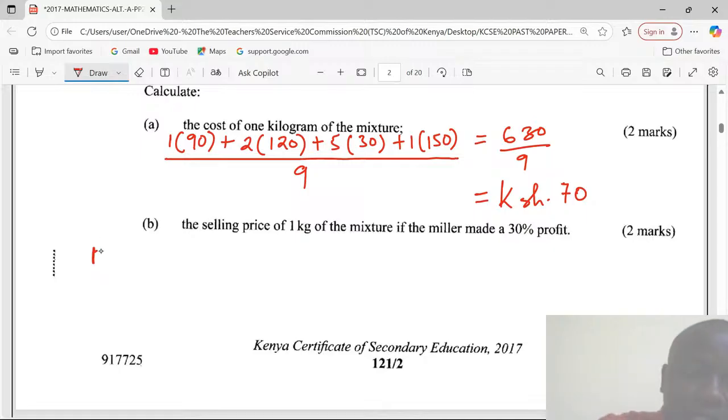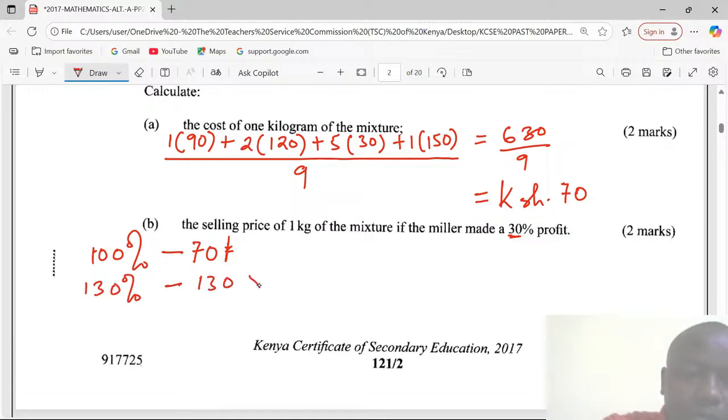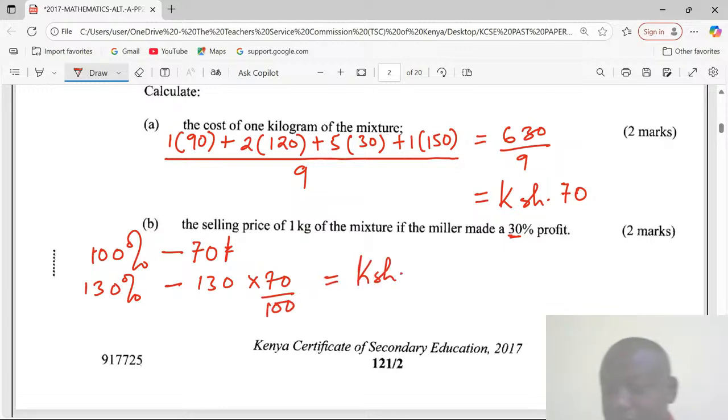So 100% is 70 Kenya shillings. Now with a profit of 30, it should be a total of 130. This should be 130 times 70 out of 100. So this is now going to give us, let me compute this.